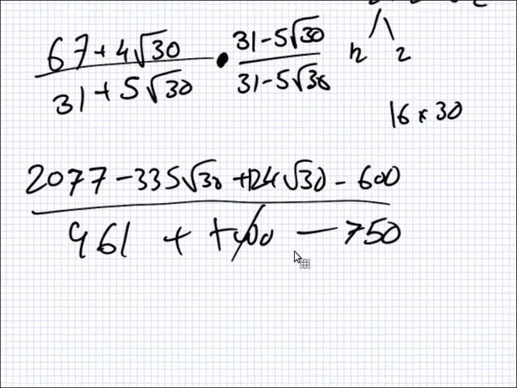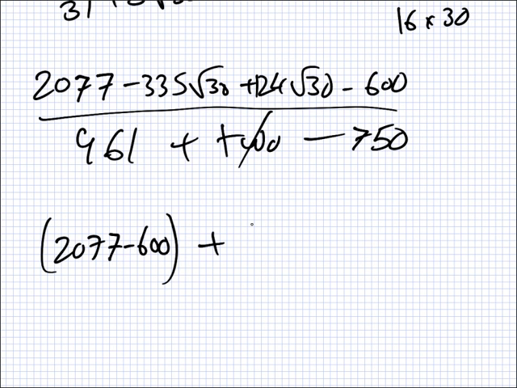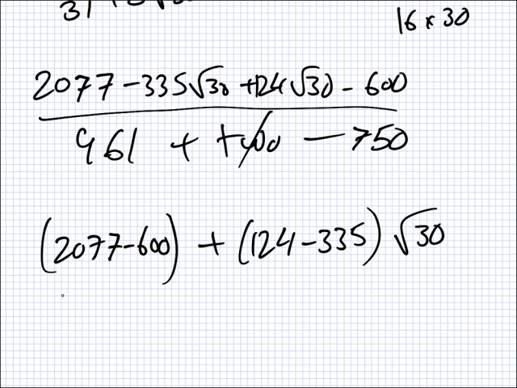Okay, so on the top it'll be 2077 minus 600, and then it'll be plus 124 minus 335 root 30. And then what's that on the bottom? 211? Yeah.